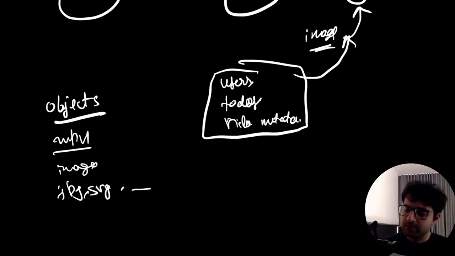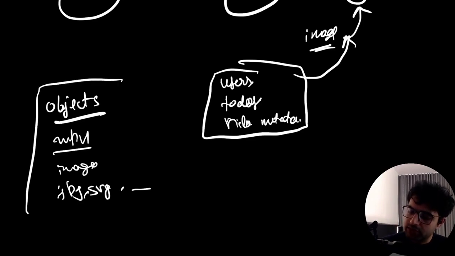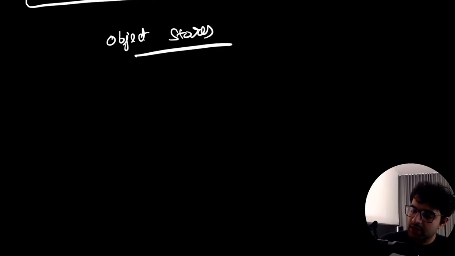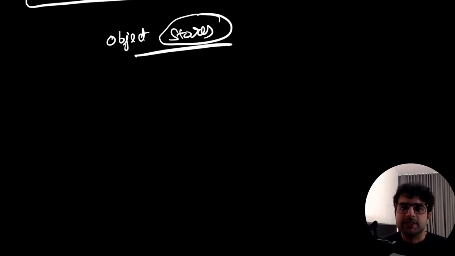So the question comes, where do you store these objects? And the answer is object stores. There's a specific kind of store that is created for these things, called object stores. Every cloud provider has them.